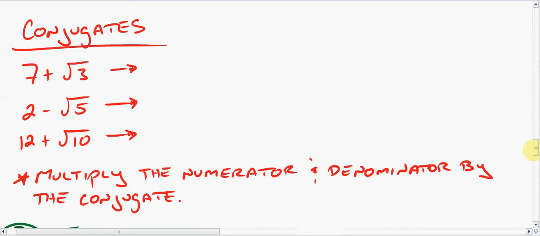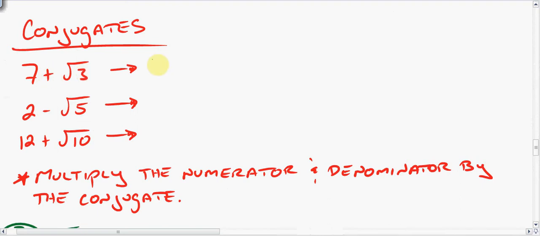So what we're going to look at is pretend these are 3 different terms in the denominator of our problem. To form the conjugate of the first one, 7 plus the square root of 3, all I'm going to do is switch the sign. If it's addition, we switch it to subtraction. If it's subtraction, you switch it to addition. That's it.